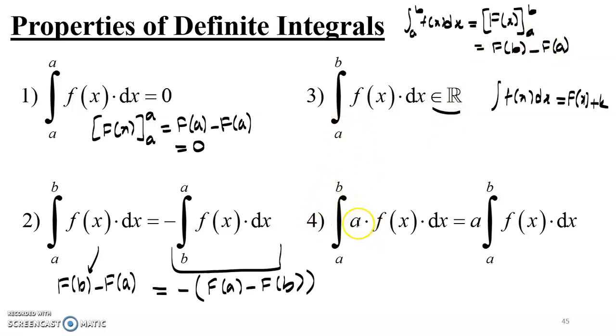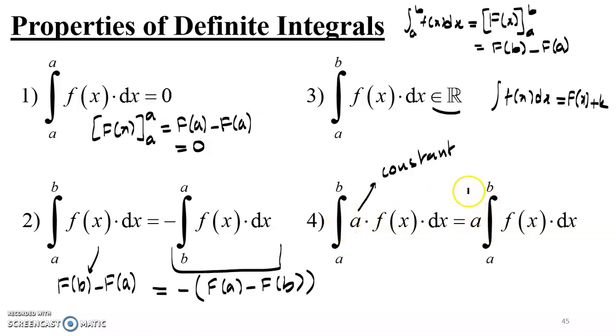And in this fourth property, we're indicating that we're integrating a function defined by a constant times f of x. Now a here represents a constant. So if we're integrating a constant times f of x, we would just multiply the integral of f of x by that constant.